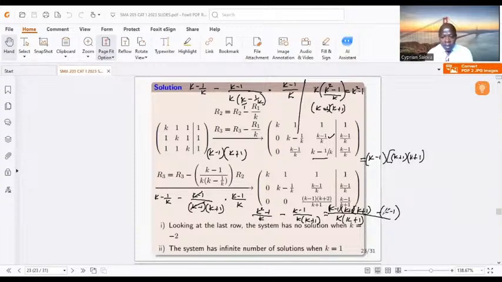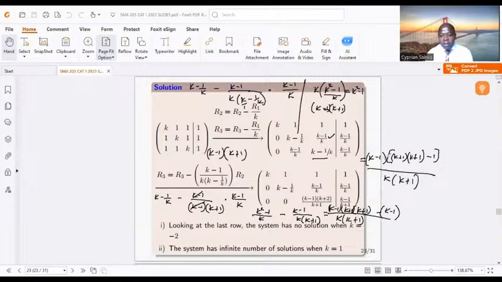And then it will go here, 1. So we have minus 1. And then remember our denominator, which is k into k plus 1.